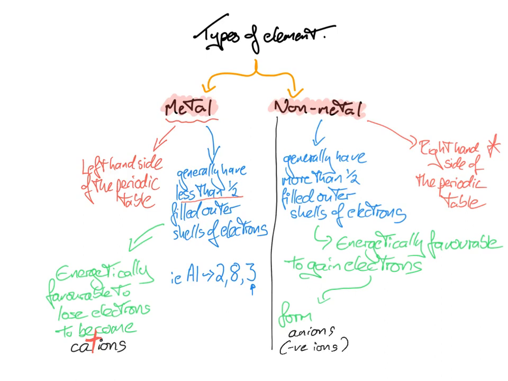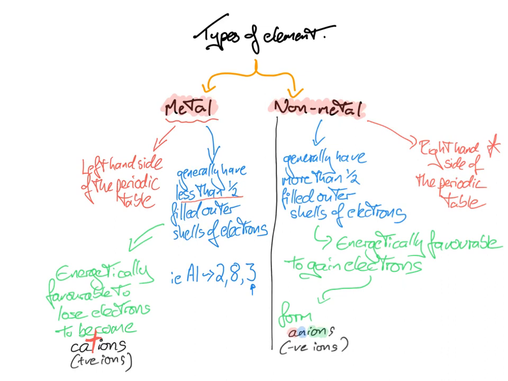Remember, cations over here are positive ions, and you can remember that by the fact that the T looks like a big plus in cations. And if you wish, you can remember anions as a negative ion. So, just to recap there, energetically favourable to gain electrons.